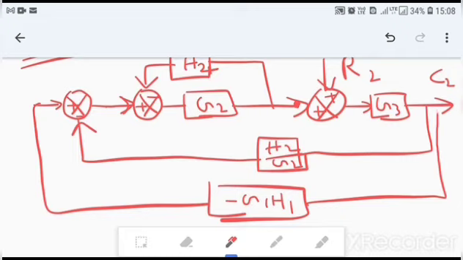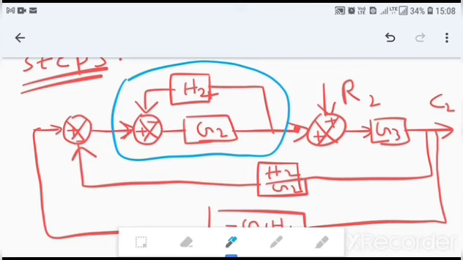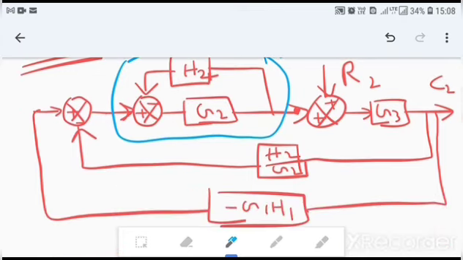From the output we have the feedback. Now this one we can combine, H2 G2, and we can write in this place it is G2 by 1 plus G2 H2. That will be combined, and this H2 by G2 and minus G1 H1 we have, both are in forward path.